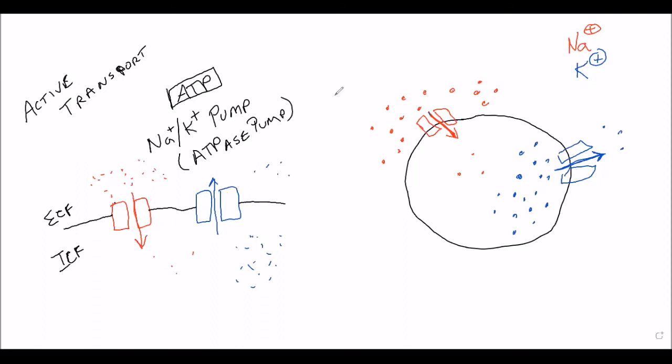We have a special pump here. Let's see, we'll do it in brown. And this here is called the sodium-potassium pump. ATP is needed for this.